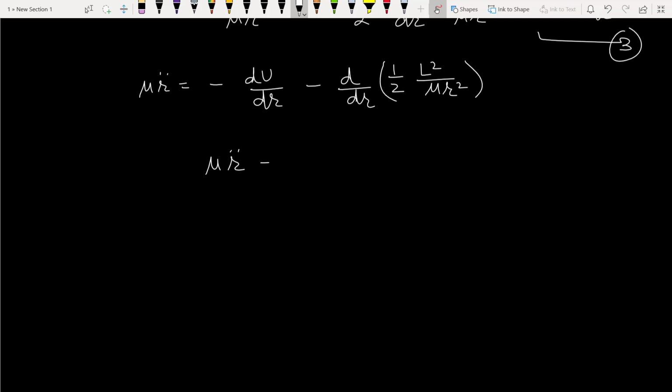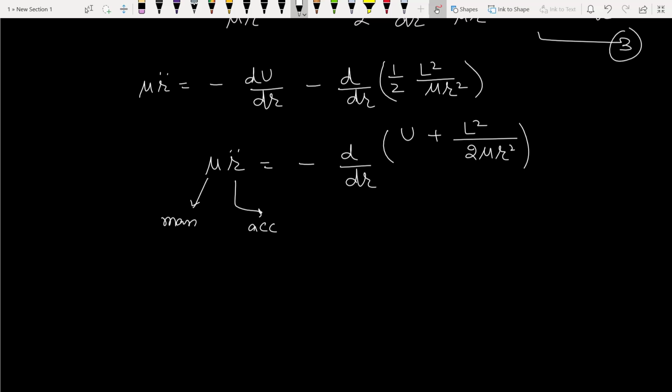It can be written as minus d by dr common, U plus L square upon 2 mu r square. This is mass, this is acceleration, and mass into acceleration is force, which can be written as minus d by dr of potential energy. We have studied in previous lectures as well as in lower classes that force can be written as the negative gradient of potential energy.